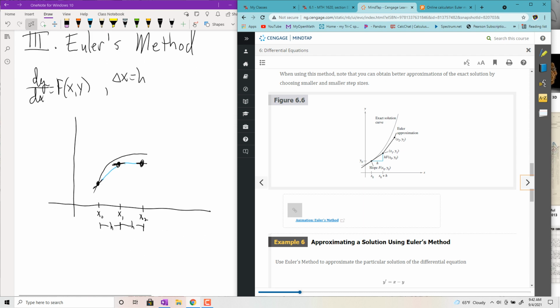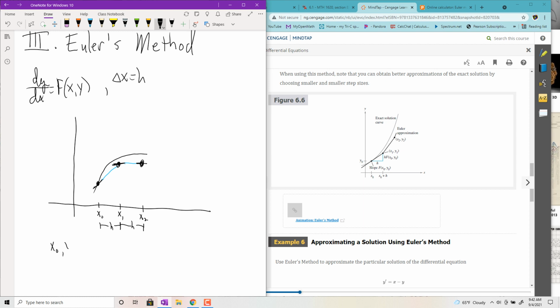So how does this method work? It's an iterative method, so you'll start with some initial value, x0, y0. They're going to tell you the number of steps that they want you to use, which is going to be n. So the number of steps. Of course, you'll have your differential equation, dy over dx equals some big f of x, y.